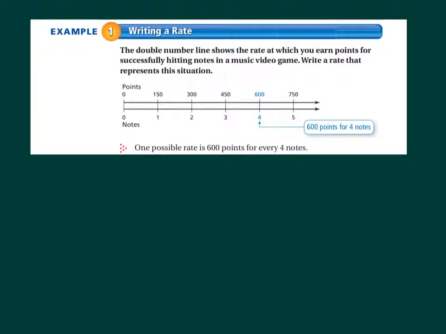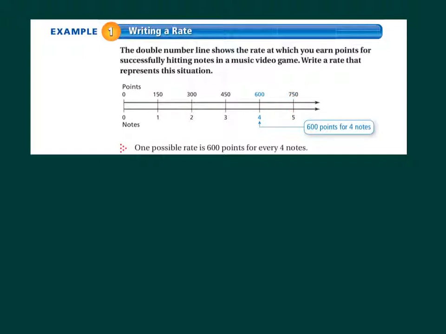Number 1 is pretty straightforward here. It says the double number line shows the rate at which you earn points for successfully hitting notes in a music video game. Write the rate that represents this situation. So you'll see here that there's several for us to choose from. 0 over 0 isn't ever really a good answer, but 150 over 1, 300 over 2, 450 over 3, 600 over 4, 750 over 5.